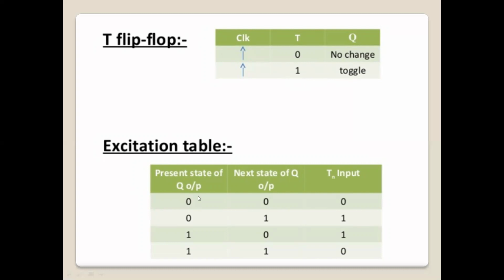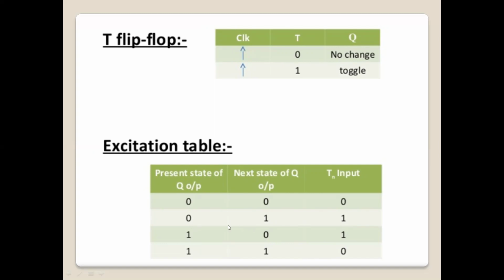Moving to the excitation table, for 0 outputs, what input can be given? Only one input can be given, that is T equal to 0. For the next condition 0, 1, the input can be given as 1. For 1, 0 also 1. For the second and third states, if 1 is given, the output will toggle.